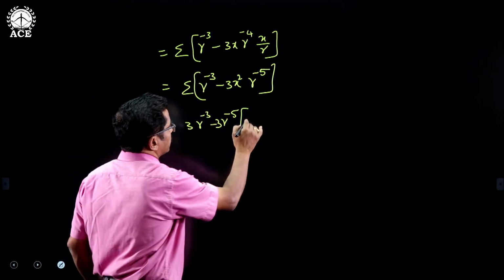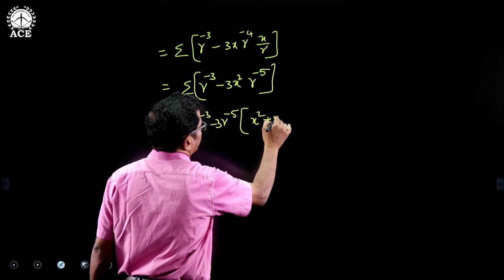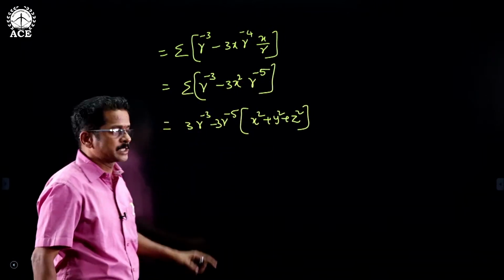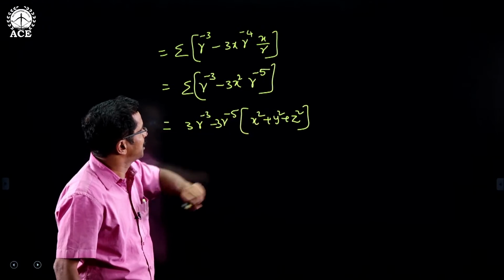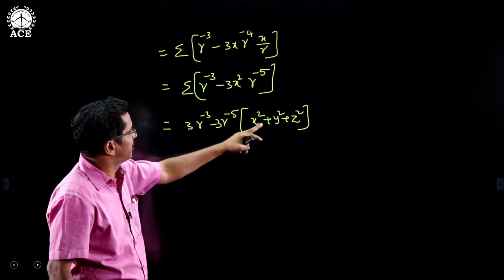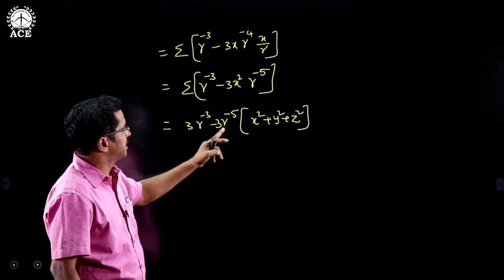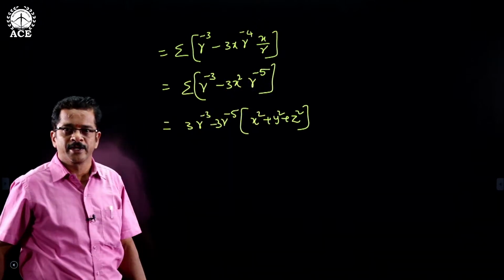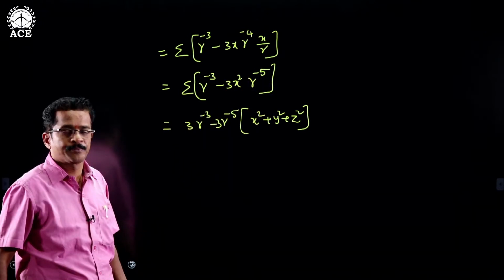So x square plus y square plus z square will come. When I expand the summation, these terms will be included: minus 3 x square r power minus 5, minus 3 y square r power minus 5, minus 3 z square r power minus 5 will come when I expand it over the summation.